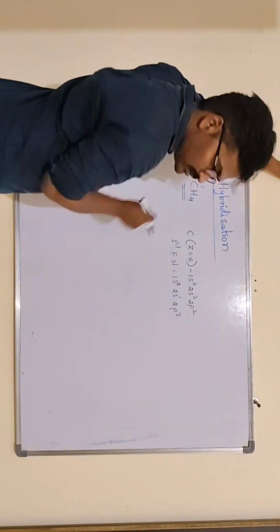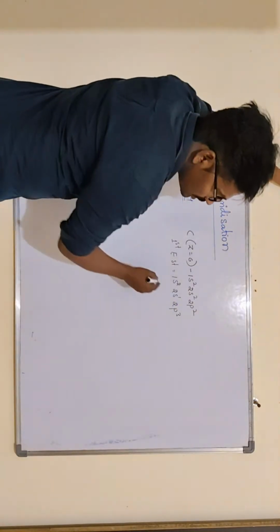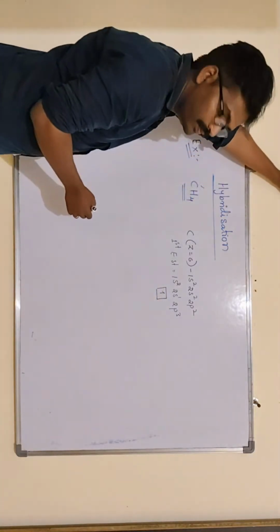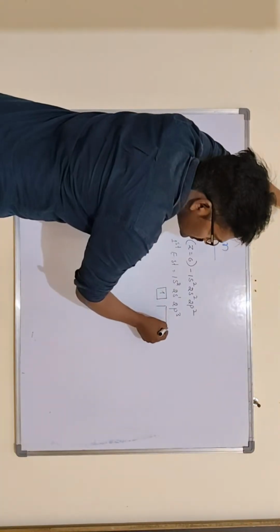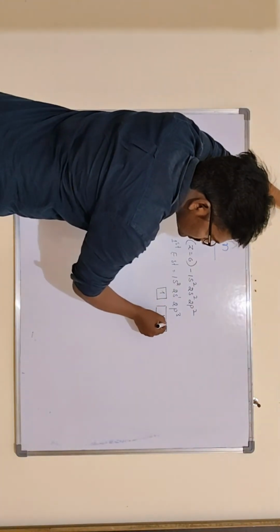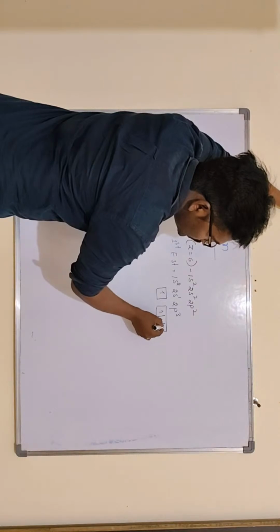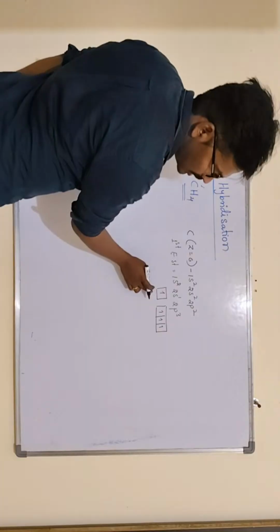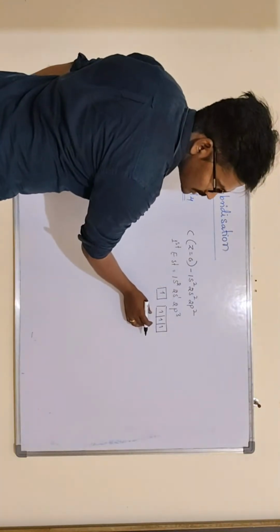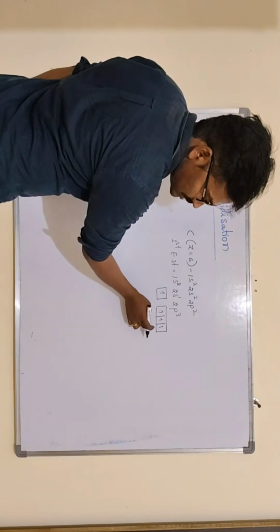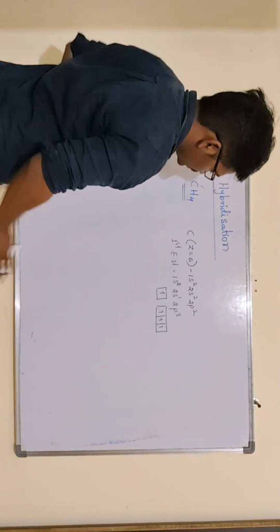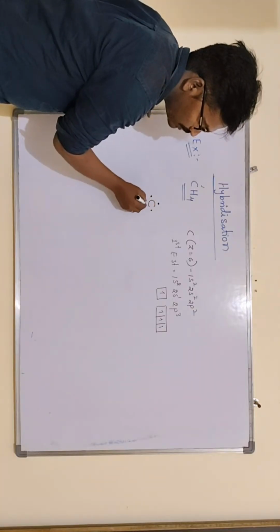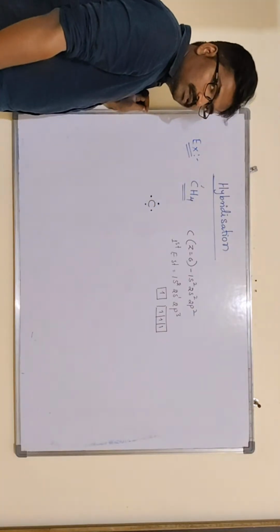In the box electronic configuration, the 2s orbital contains 1 electron, and the 2p orbitals contain 3 electrons, one in each. So the carbon atom has 4 unpaired valence electrons.